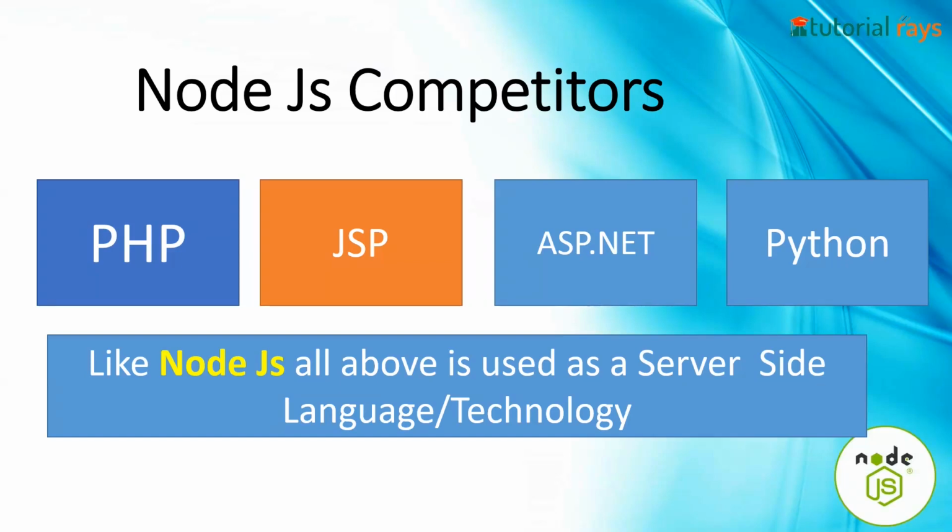In the same way you will also be using Node.js as server-side technology or environment. So in place of PHP, you can use Node.js. In place of JSP, you can use Node.js. ASP.NET and Python, you can use Node.js. So these are the competitors of Node.js.